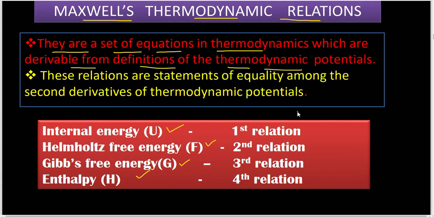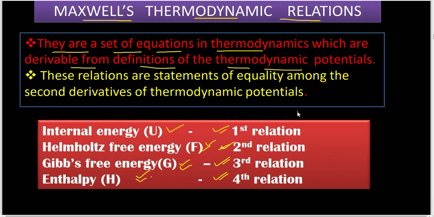From these four potentials, we derive four Maxwell relations. So from U we get the first equation, from F we get the second equation, from G we get the third equation, and from H we get the fourth equation. This is very important. You have to remember the order, first, second, third, fourth, for how to derive these equations.